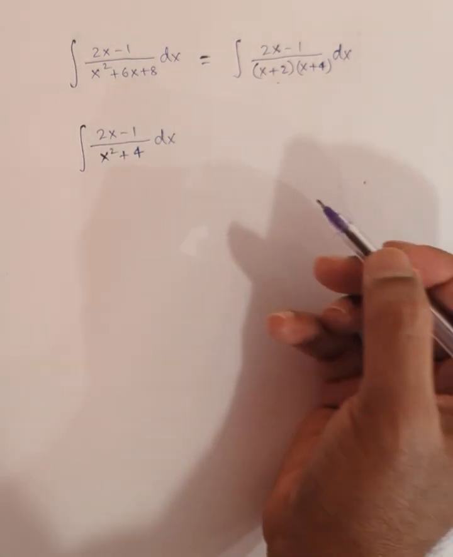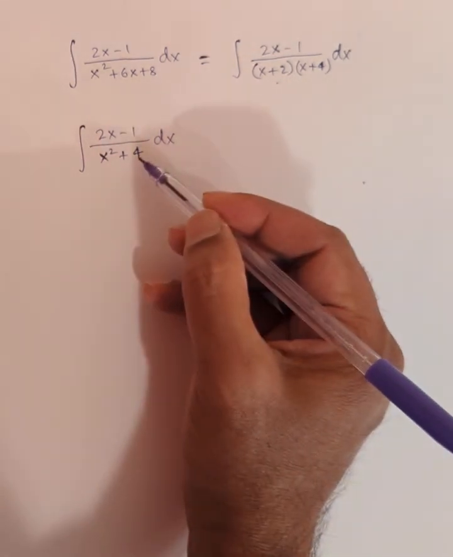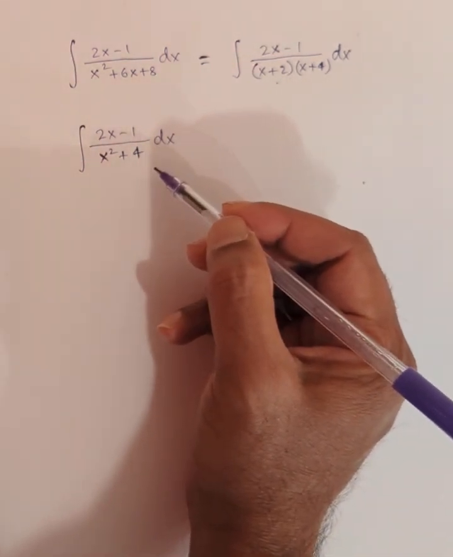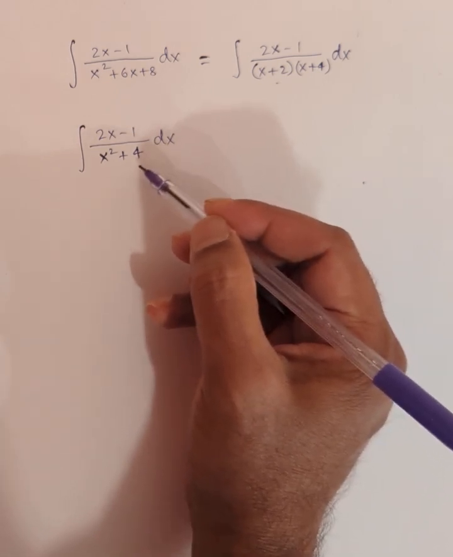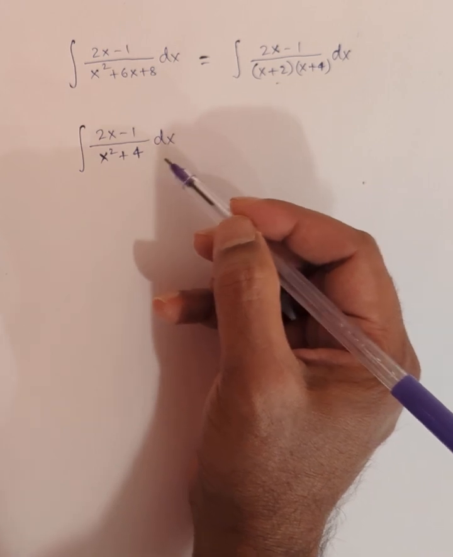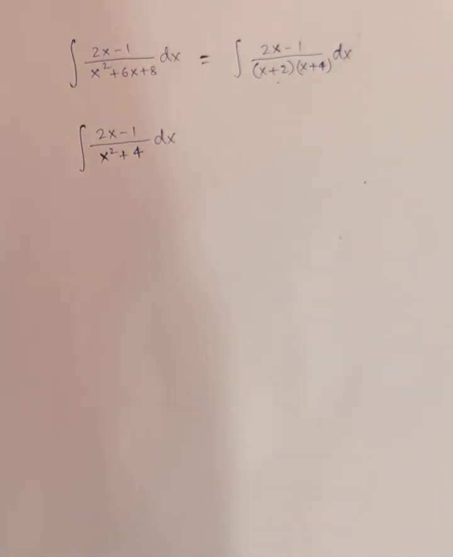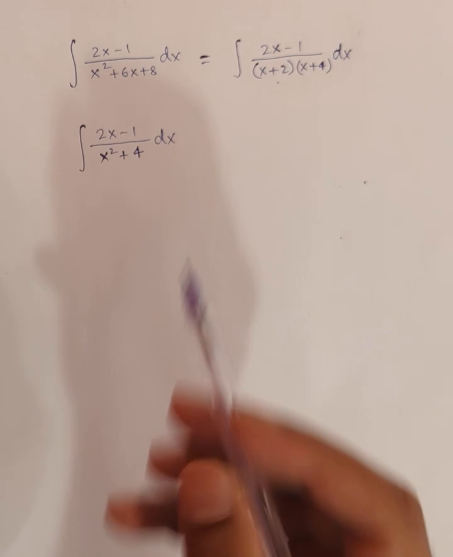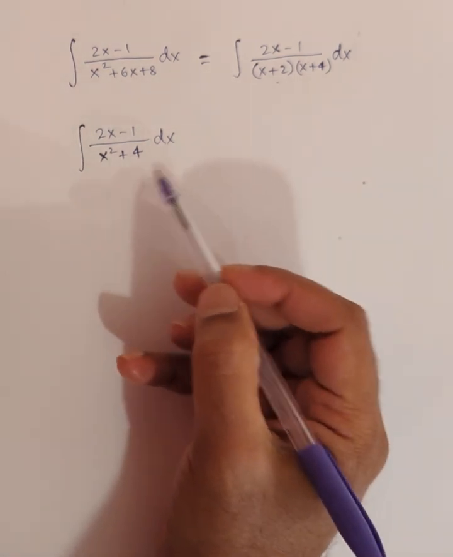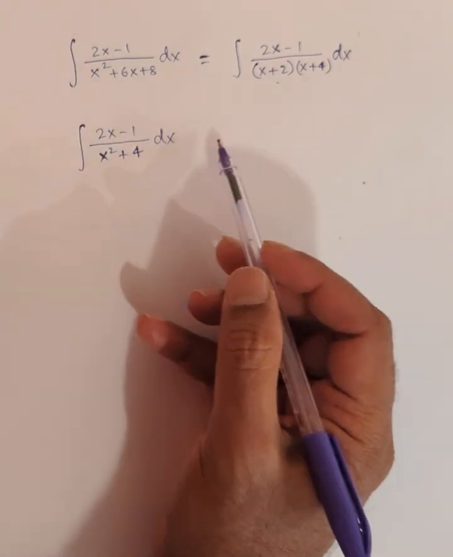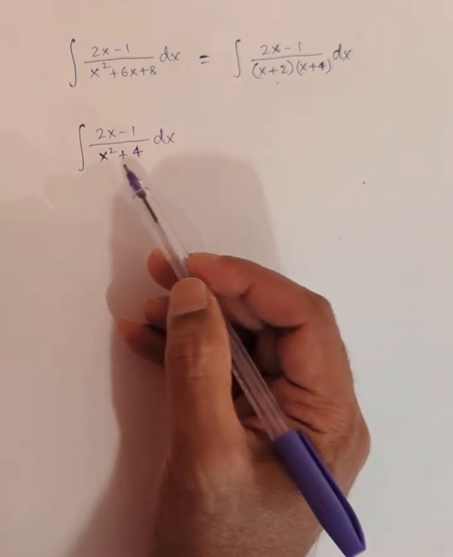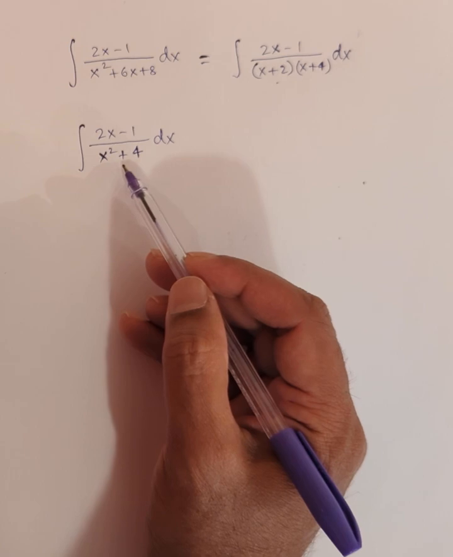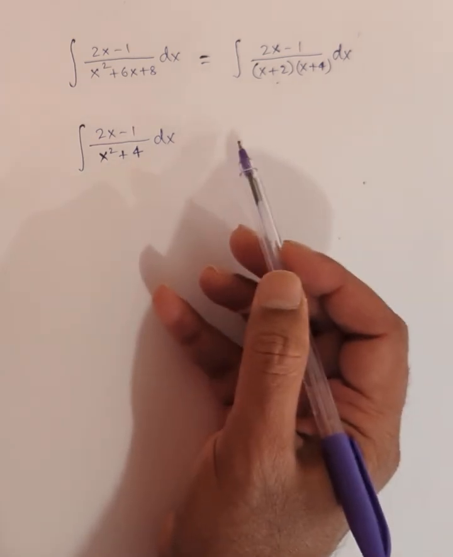Now when you cannot factor, you will have to use inverse trig functions, and the derivative of tan inverse is 1 over x squared plus 1, and we will have to manipulate that a little bit and go about doing it. If your quadratic cannot be factored, that's what we'll do.